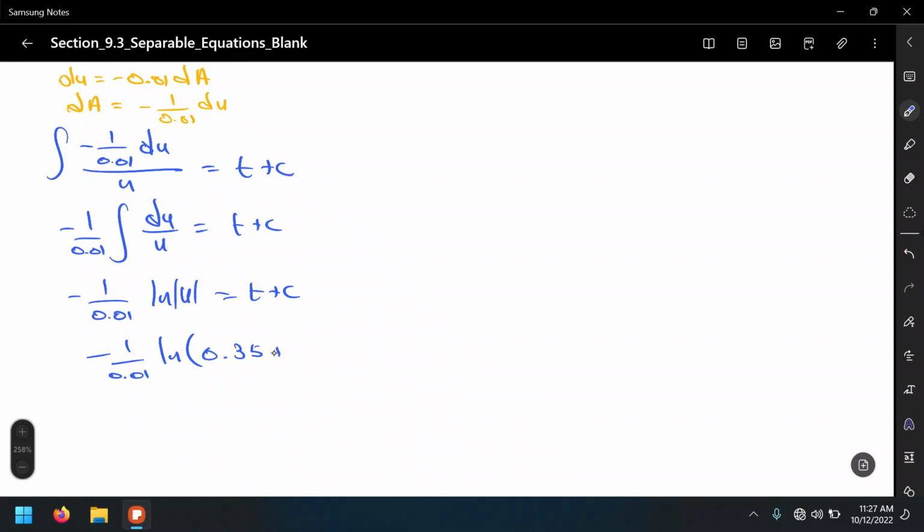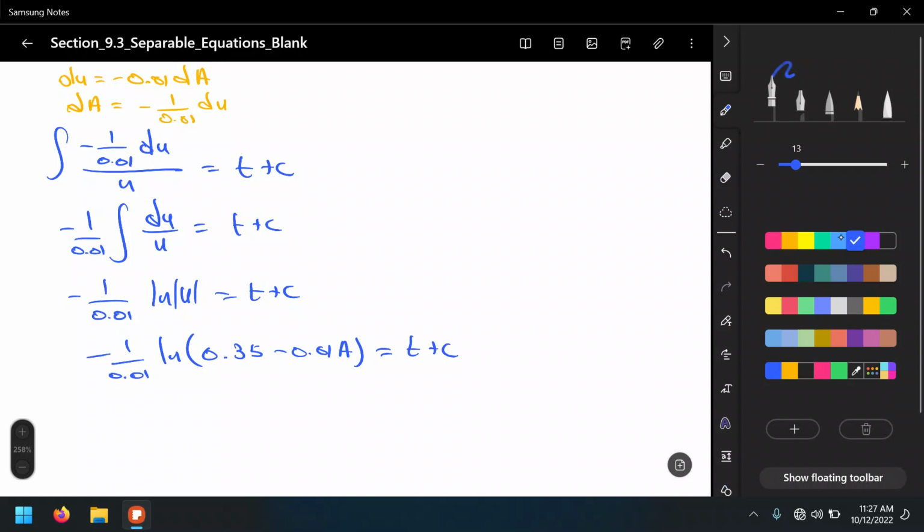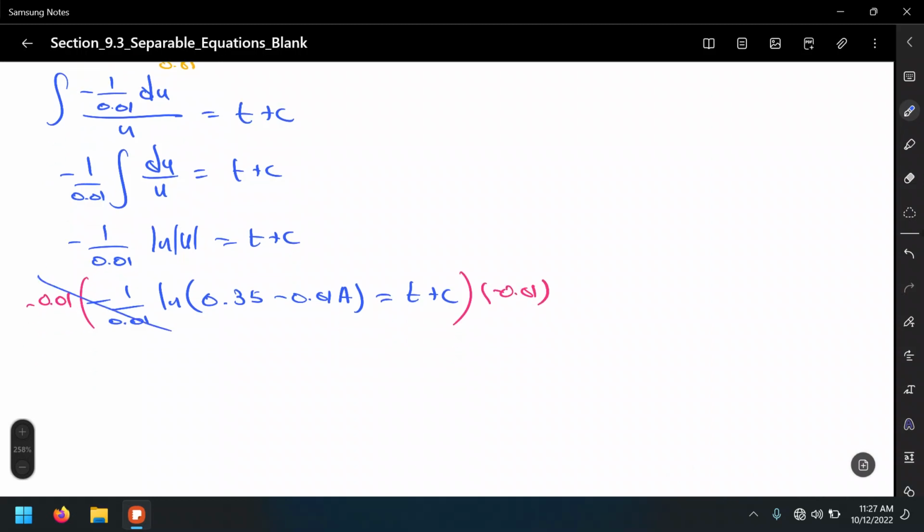ln(0.35 minus 0.01A) equals t plus c. So let's keep solving the equation. We want to get an expression for A in terms of t. So number one, I will multiply both sides by negative 0.01 and cancel this.